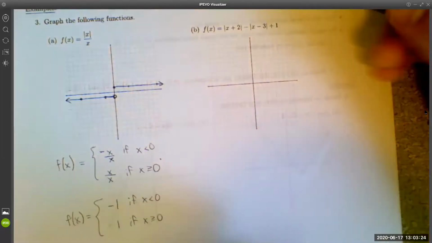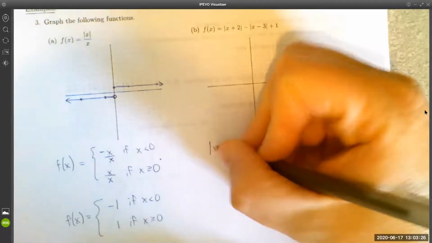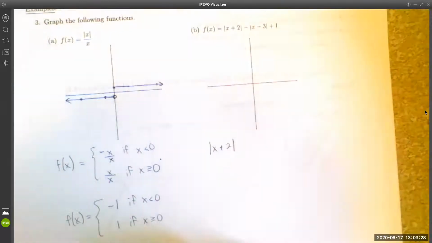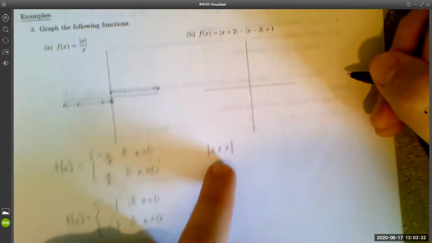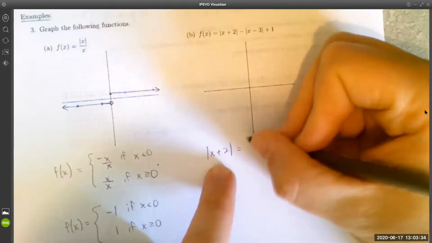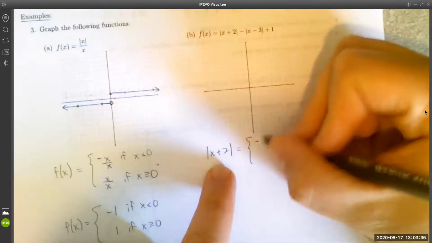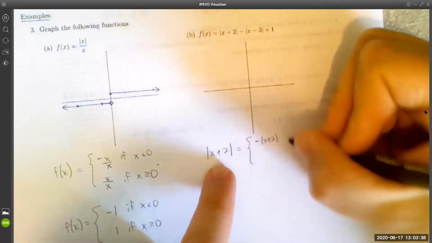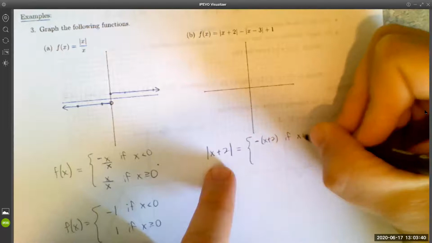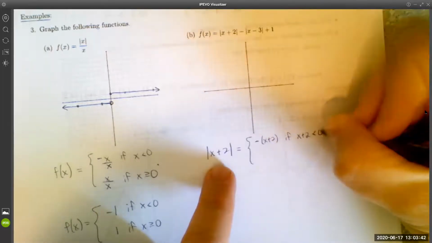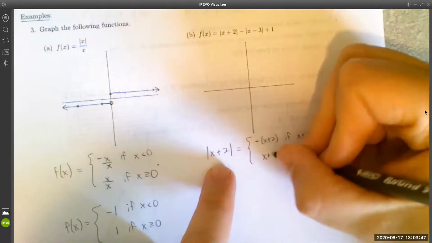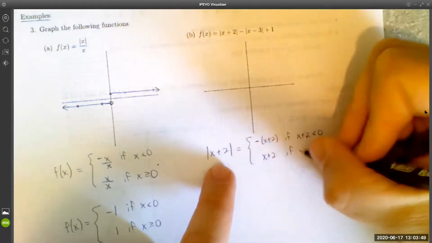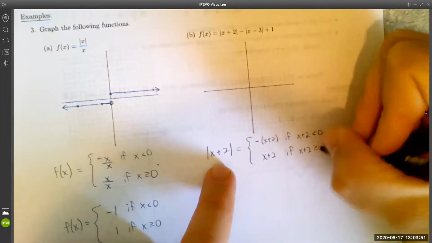Well, first of all, let's think about these in terms of their piecewise definitions. So absolute value of x plus 2 is going to be negative x plus 2 if x plus 2 is less than 0, and it's going to be positive x plus 2 if x plus 2 is greater than or equal to 0.